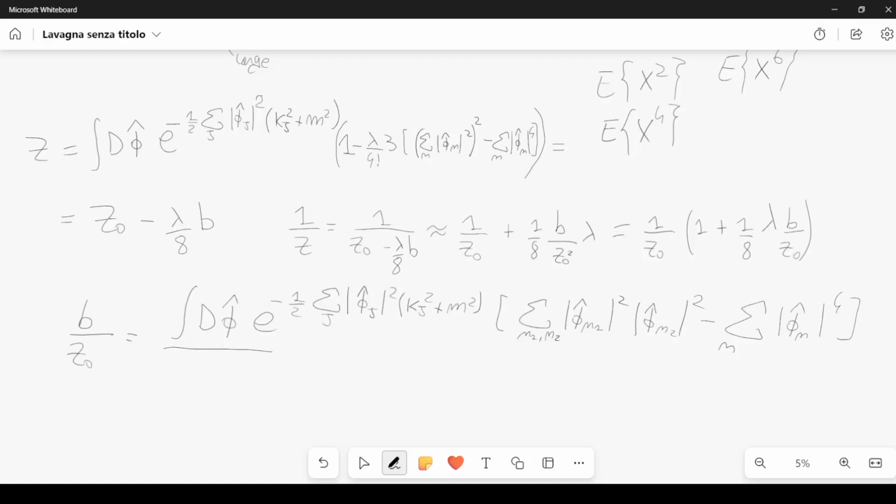And then we divide by Z0. Z0 is simply the integral d phi hat e to the minus 1/2 summation over j of mod phi hat j squared times k_j squared plus m squared.